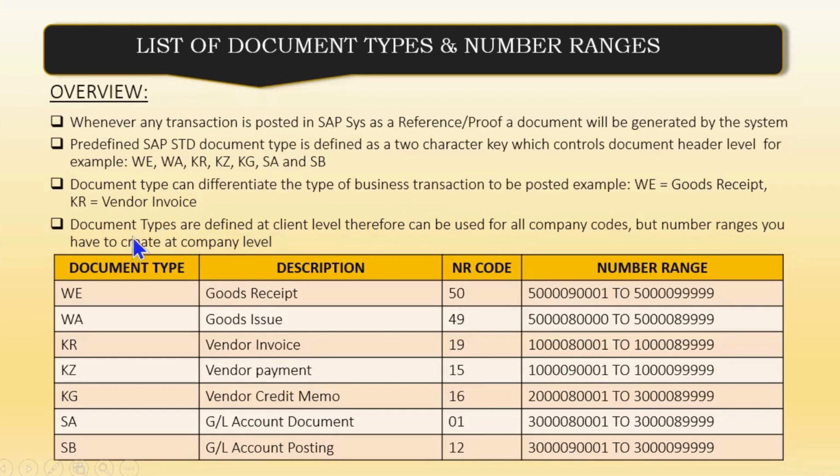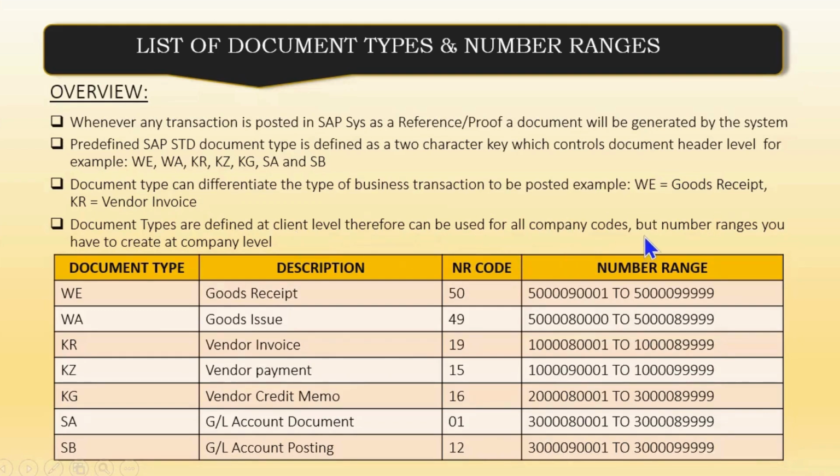Document types are defined at client level, therefore they can be used for all company codes, but number ranges you have to create at company code level. So the document types will be defined at the client level, that is the highest level, and as you have a number of companies, you can use those document types for all the company codes under a client.